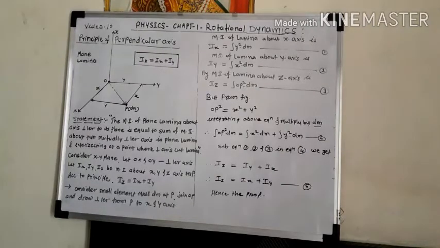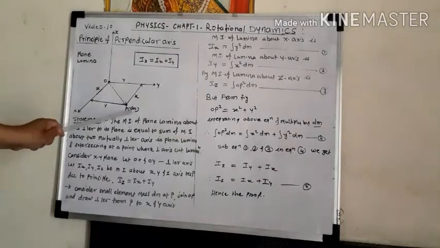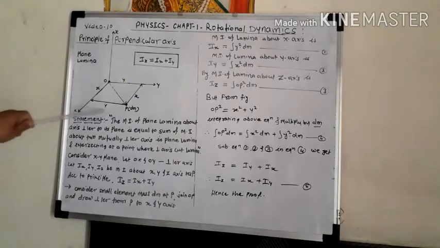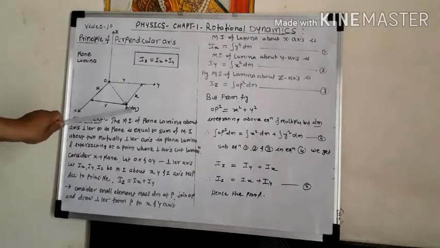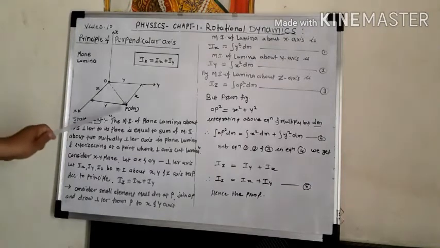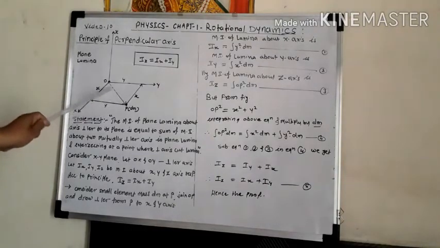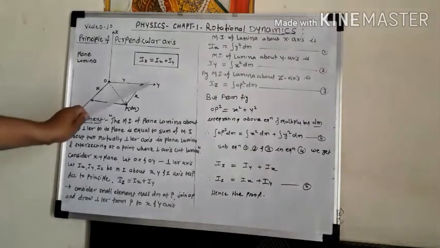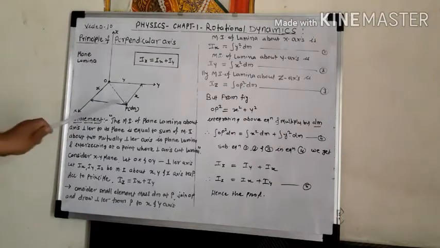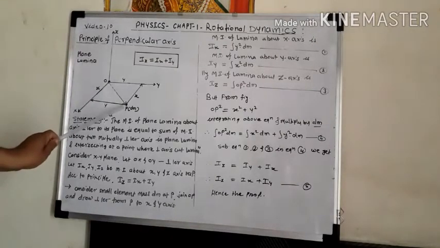In order to prove this principle, we consider a small element of the lamina having mass dm at point P. Join PO, and draw the perpendicular from P to the x axis and from P to the y axis respectively.